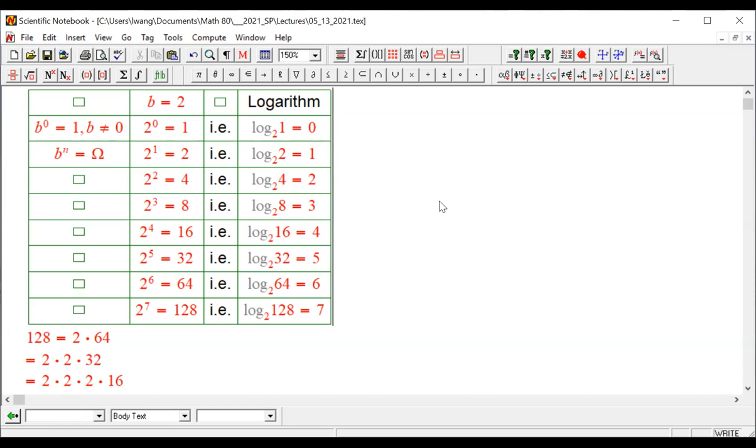So this is what we did. 2 to the power 0 is the same as log base 2 of 1 is 0. 1 is also equal to 2 to the power 0.